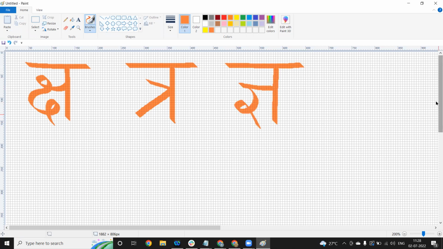Right? These three Sanyukta Akshar you all must be familiar with. When I say Sanyukta Akshar, I mean that they are a combination of more than one letter, more than one consonant.